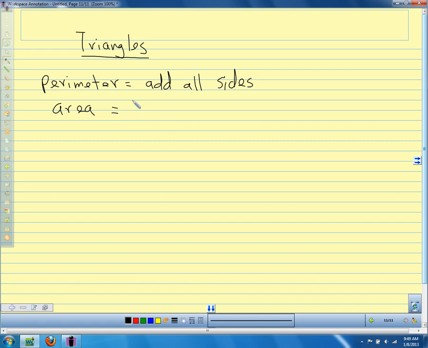Base times height divided by 2. And we also write BH divided by 2, and that's the same as saying 1/2 base times height. 1/2 and divide by 2 mean the same thing.